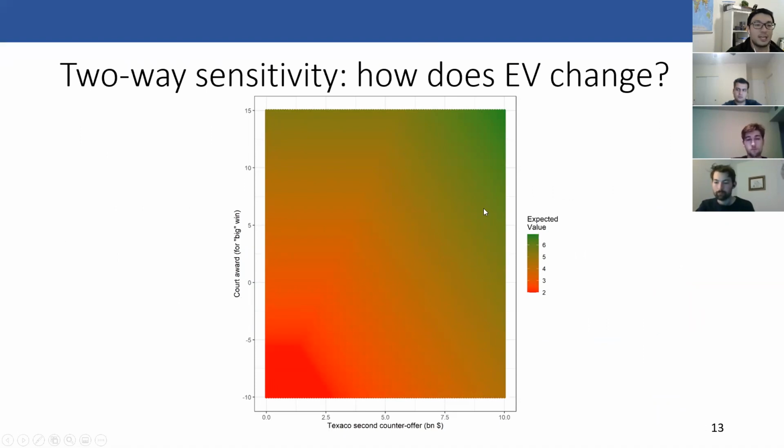I'm just picking a range of values to vary by, and you can see how the EV of my decision is going to change across all of the values.